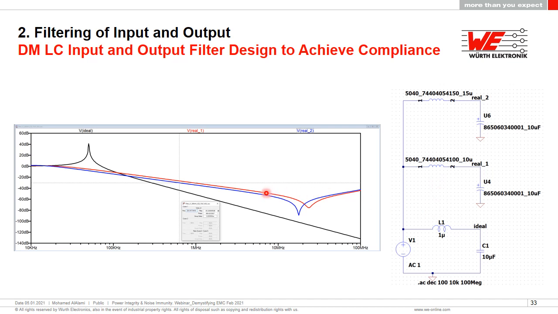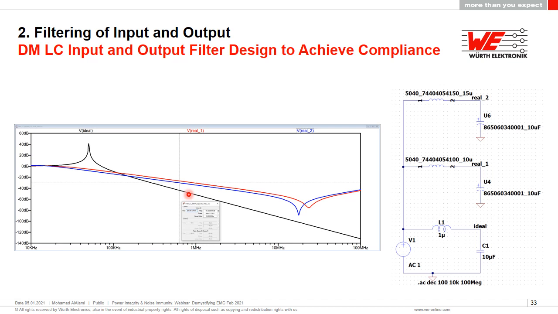And we've tried to compare here an ideal LC with an actual component, an LQS, and an aluminium electrolytic again. And here is a higher value of inductance with the same aluminium electrolytic capacitor at 10 microfarads. And we're looking here at the amount of attenuation that the filter will give me at that 630 kilohertz fundamental.